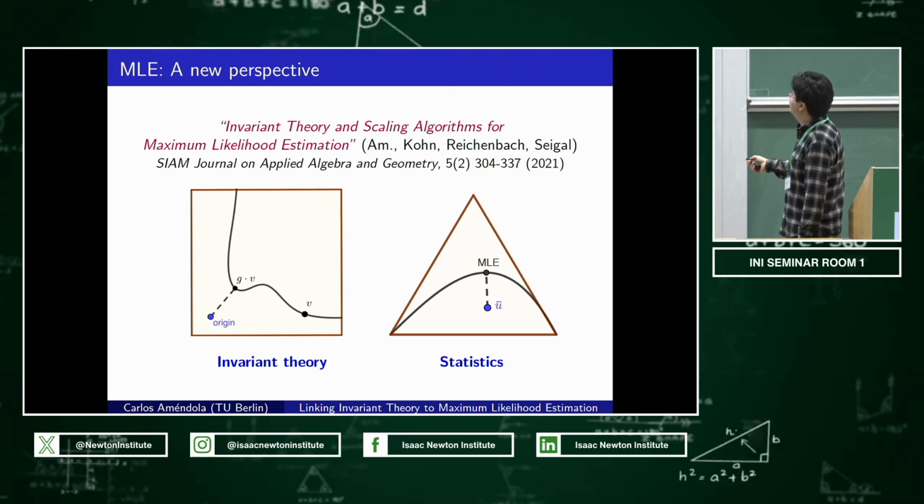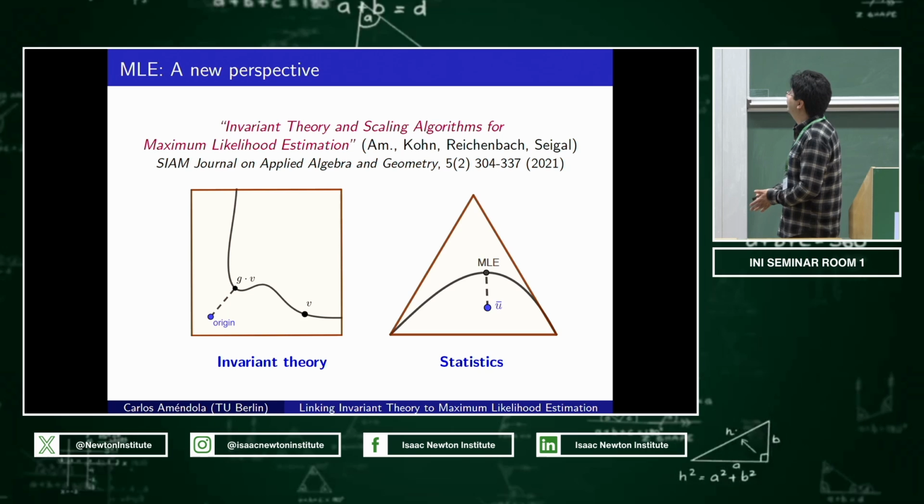You have your simplex, you have your model, which is this curve, you have your data point, and you want to find the best point here, in this case the MLE. On the other hand, there is invariant theory, where there's a point, there is some group action, there is an orbit, and you're trying to minimize maybe the norm of the points in this orbit, and this would be the capacity problem.